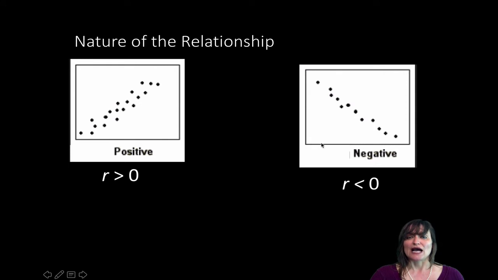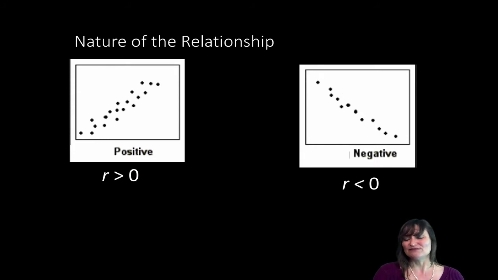So a small x-axis value is associated with a large y-axis value, and a large x-axis value is associated with a small y-axis value. As x goes up, y goes down. As x goes down, y goes up. That's a negative relationship. They go up and down opposite of each other. So they go up and down together, or they go up and down opposite of each other.